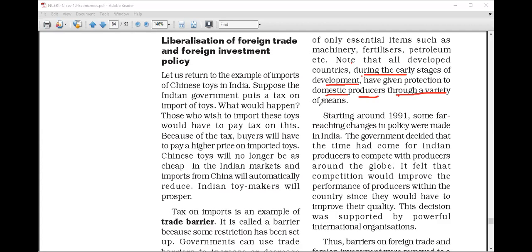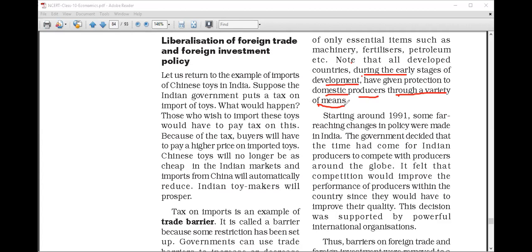So we have seen how trade barriers work here. We are now looking at liberalization, and how this liberalization made globalization strong. This we will see. We have seen the background.